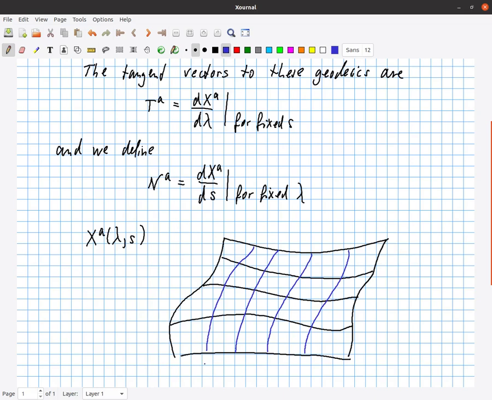So here I have something like s1, s2, s3, s4, for instance. And these guys would be some tangent vectors T^a here.